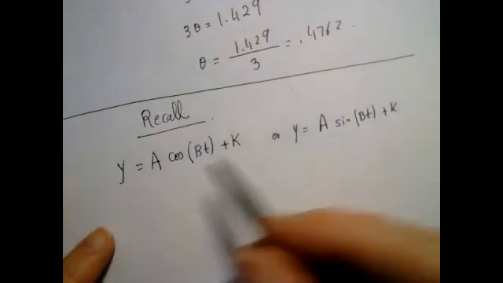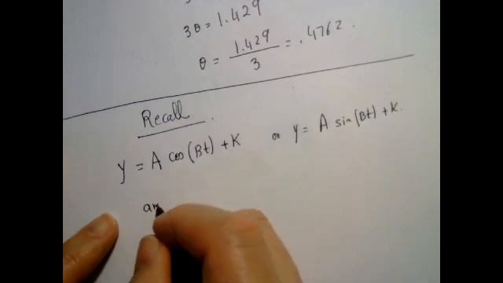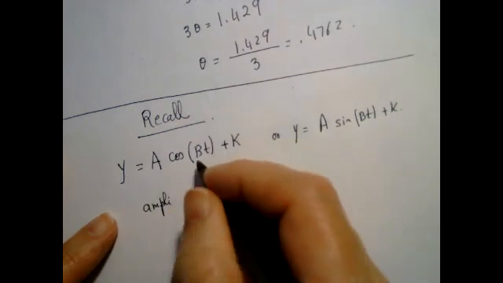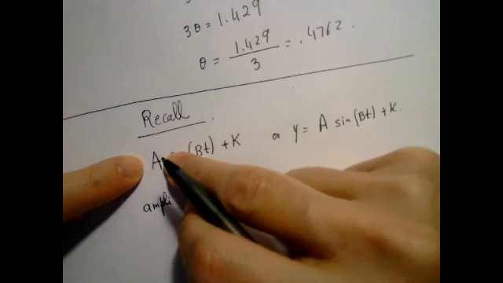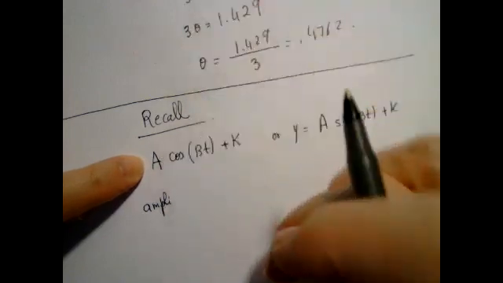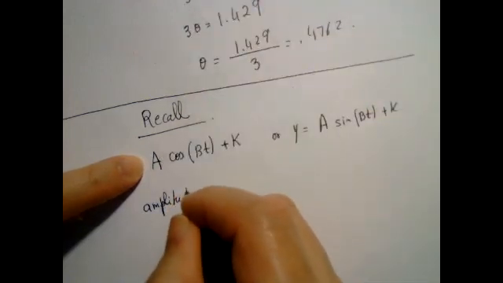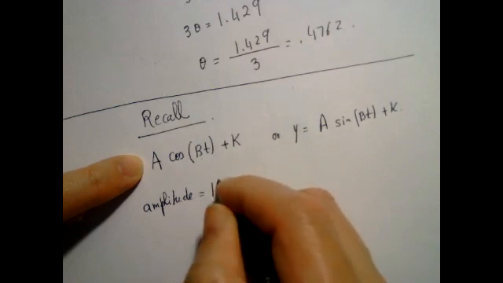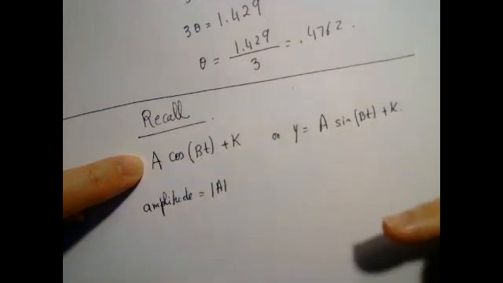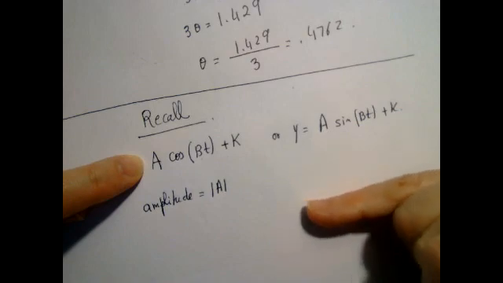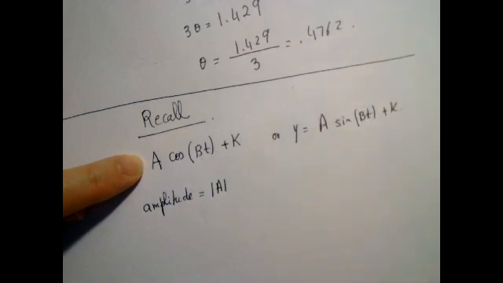Now, let us remember that. It looks like cosine, but the A, its effect is to stretch the cosine. So stretching the cosine will make the amplitude to be A. It means the distance between the midpoint and the max.